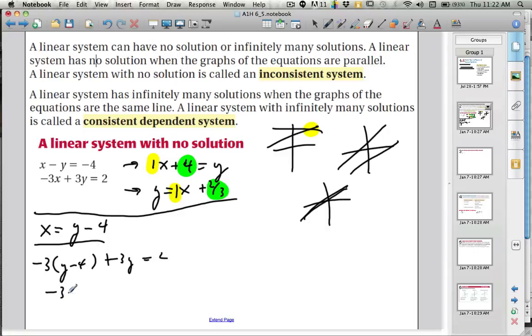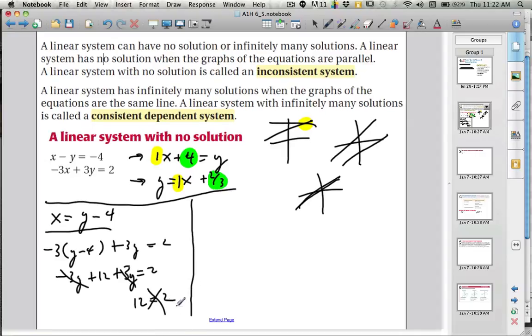So I'll get negative 3y plus 12 plus 3y is equal to 2. The y's drop out and I get 12 is equal to 2. Well, that's not true. My variables have all dropped out and I have an untrue statement. That's a sign of an inconsistent system.